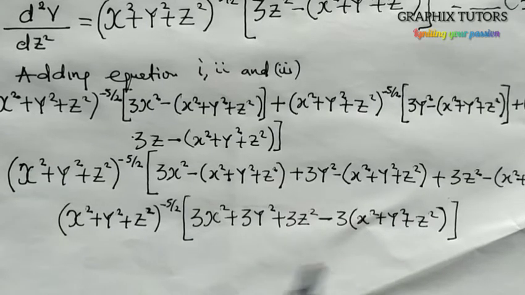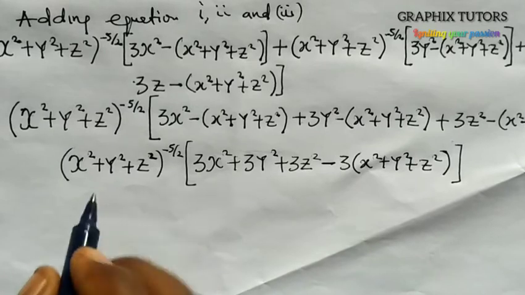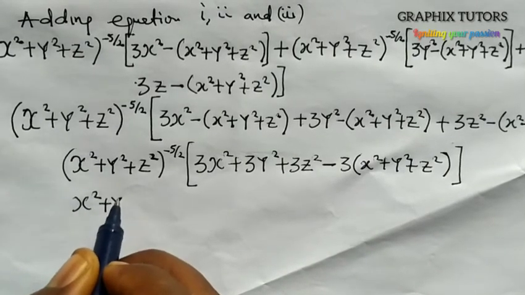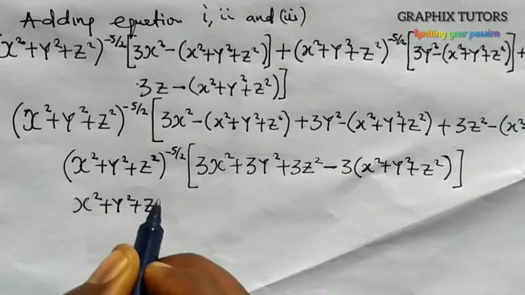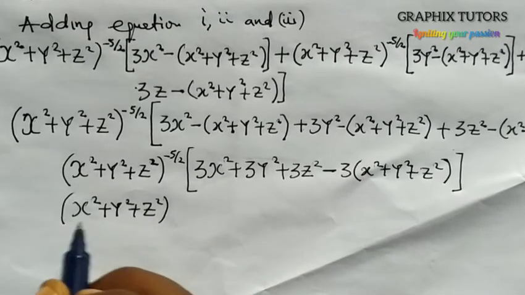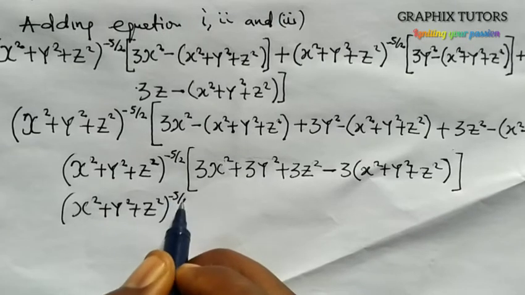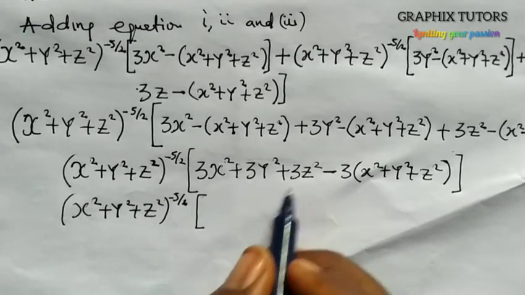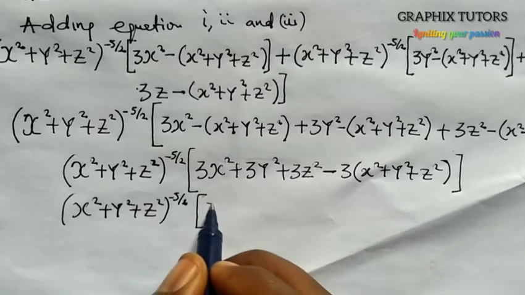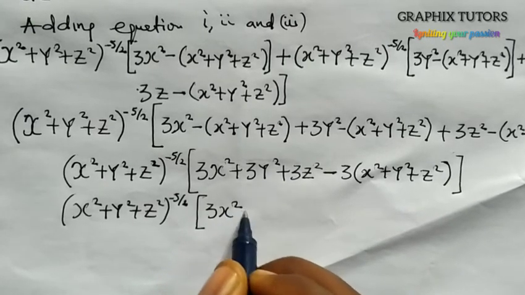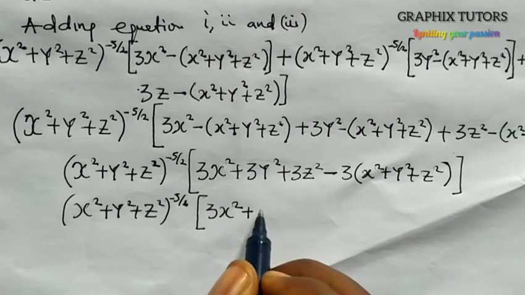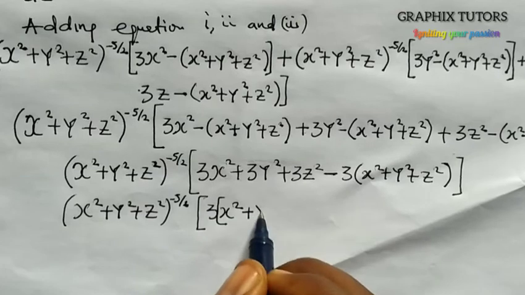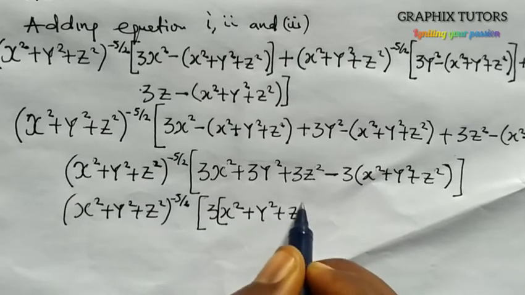Or I will expose this out. So in exposing it out, this will give us x squared plus y squared plus z squared to the power of minus 5 over 2, open up. What do they have in common? We have 3x squared, or better say 3 into bracket x squared plus y squared plus z squared.